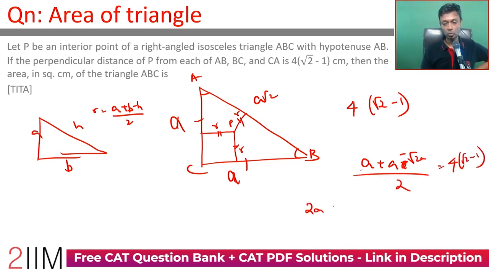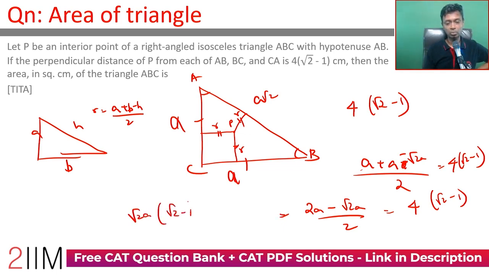Or 2A minus root 2A by 2 is 4 times root 2 minus 1. I want to contrive a root 2 minus 1 here. So I'm going to write this as root 2A times root 2 minus 1 by 2 equals 4 times root 2 minus 1.